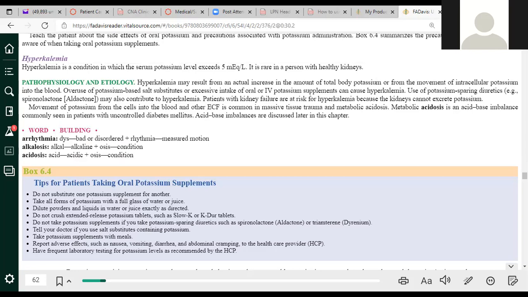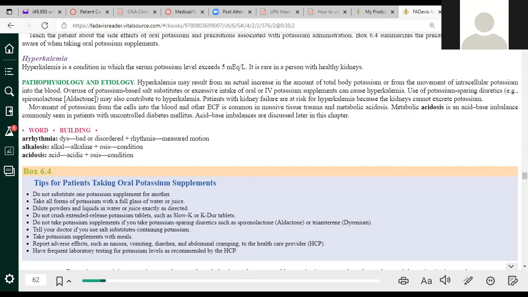So you have potassium sparing diuretics and you have potassium wasting diuretics. Will Lasix be a potassium sparing diuretic or a potassium wasting diuretic? Wasting? It would be a potassium wasting diuretic because we know that Lasix causes us to lose potassium.